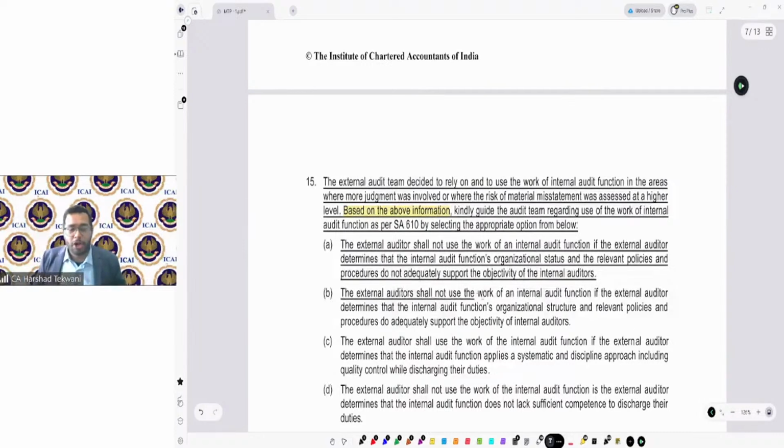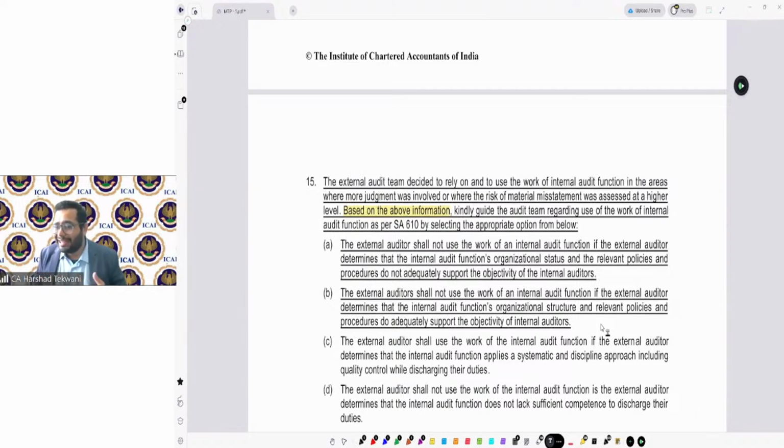The external auditor shall not use the work of the internal audit function if the external auditor determines that the internal audit function's organizational structure and relevant policies do adequately support the objectivity of the internal auditor. But by reading the above information, I do not have that feeling. I have a negative feeling rather that it does not support, but I am not sure. So there are chances that this could not be the answer.